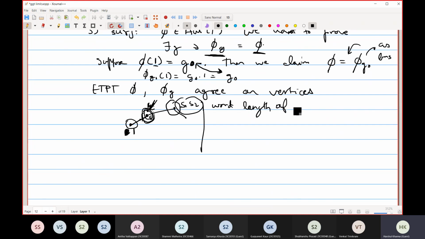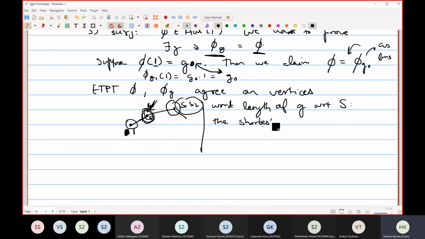So the word length of g with respect to your generating set s is the length of the shortest edge path between the identity element and g.